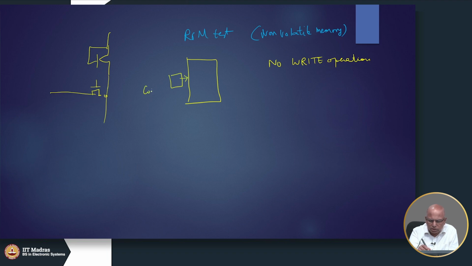We can use a counter here which starts reading out the data, and as the data comes out we can use a MISR. So, you could use your multiple input signature register, and the signature can be used to show whether or not there is an error.